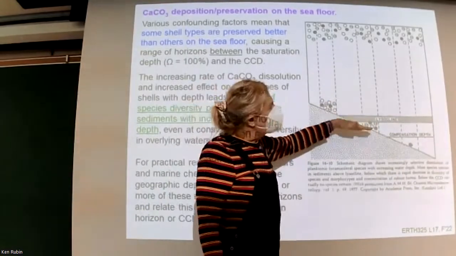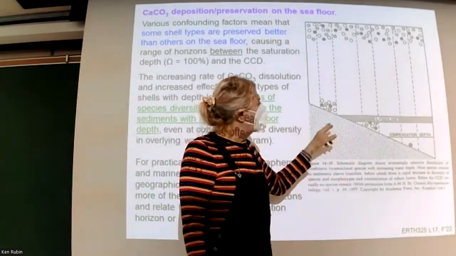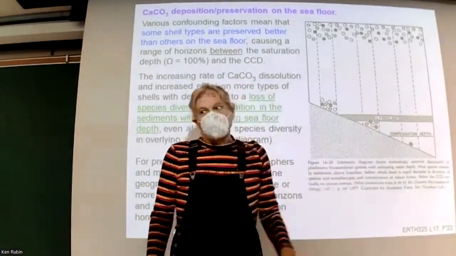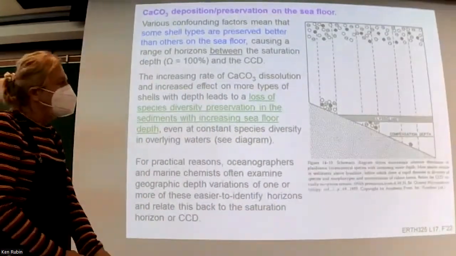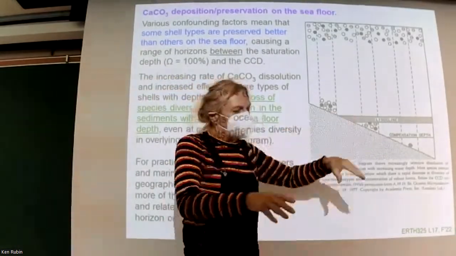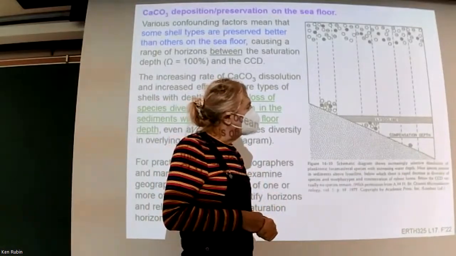So this is one horizon that basically says, once we start to see statistically significant difference in the population of shells here relative to what's up here, then we know we've had some dissolution or some other preservation feature. And so that's an impact of the water masses in that particular ocean basin at that particular depth.